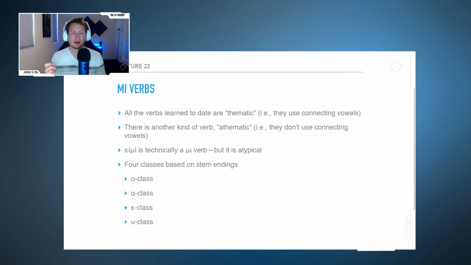Mi verbs are athematic. Now, don't let that mislead you. That does not mean it doesn't follow a pattern. I think I mentioned this before, but I was incorrect. It's not that it's irregular, because it is regular. It just doesn't use connecting vowels. That's it.